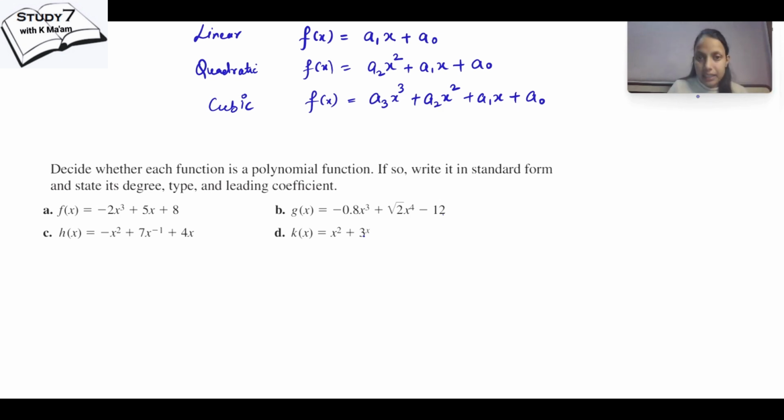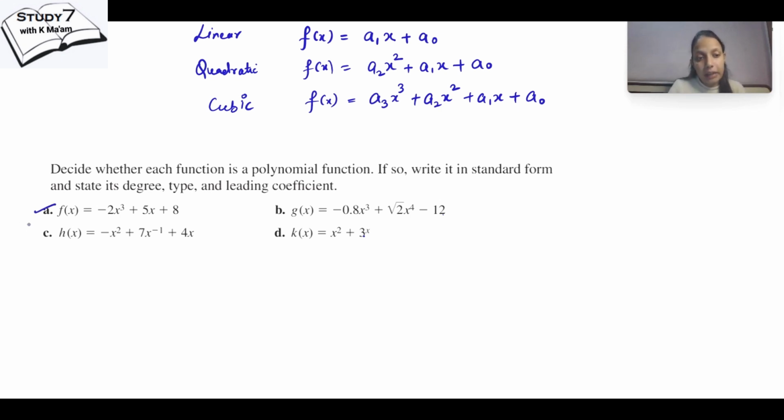Degree means the maximum power of x, or you can say the maximum exponent of x. Then its type, like linear, quadratic, cubic. And leading coefficient. The leading coefficient is the constant that's multiplied with the highest degree term.